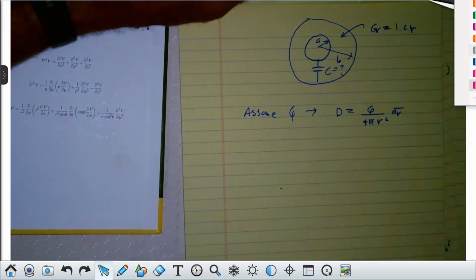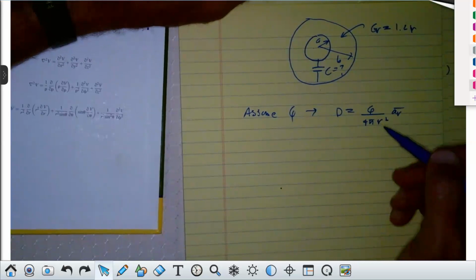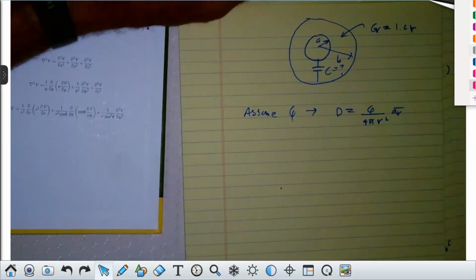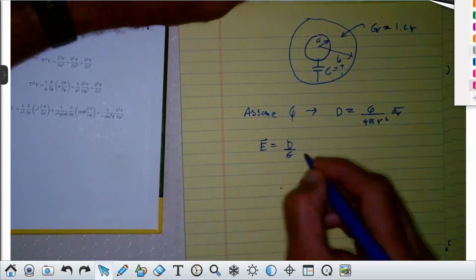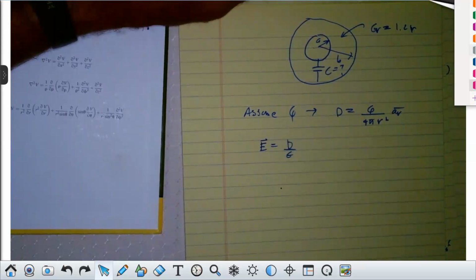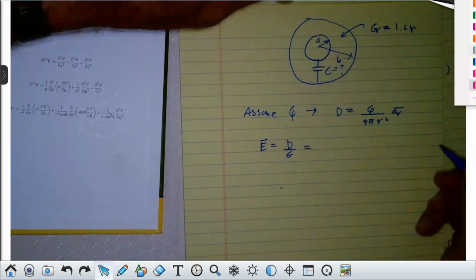Now, once I have D, I need E. I'm going after voltage. It's D over epsilon, right? And now I have to put in the value of epsilon relative and epsilon naught.